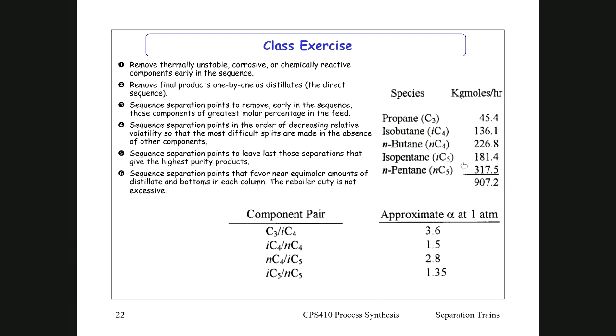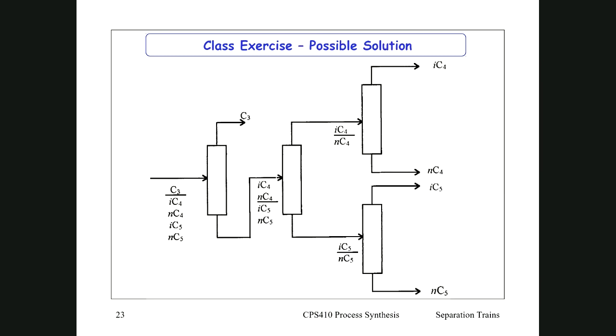Okay, let's move on and have a look at the answer that was given in the textbook. And you'll see the answer in the textbook does something different to what we were suggesting. Now, we were saying let's separate NC4 from the C5s, because then we'd have heuristic number 6 applying.